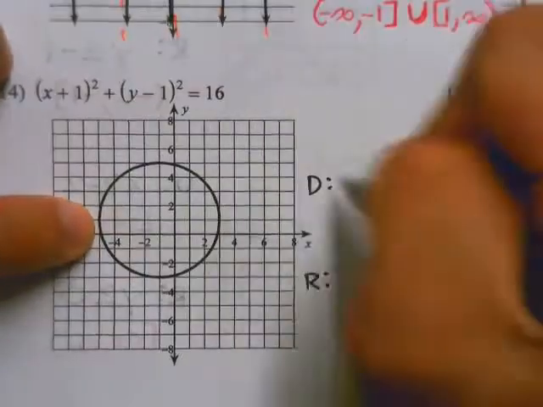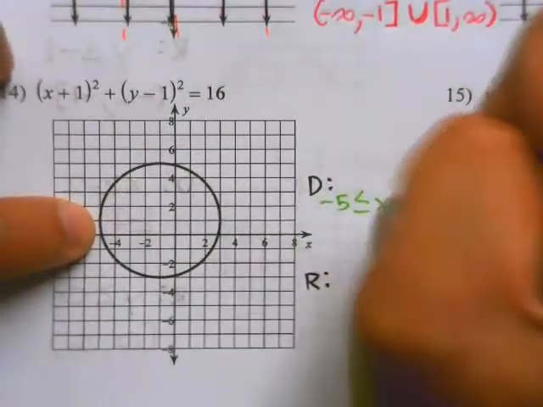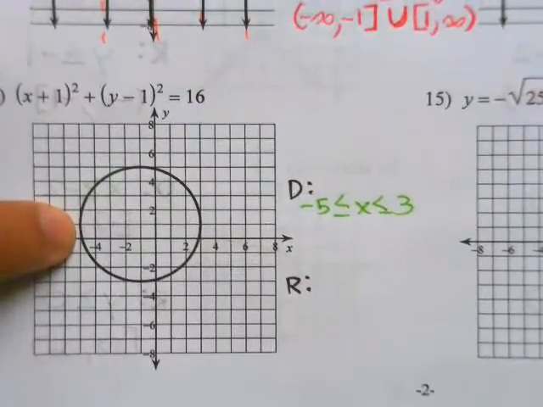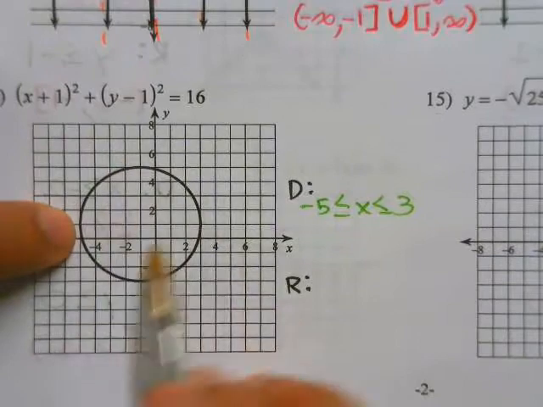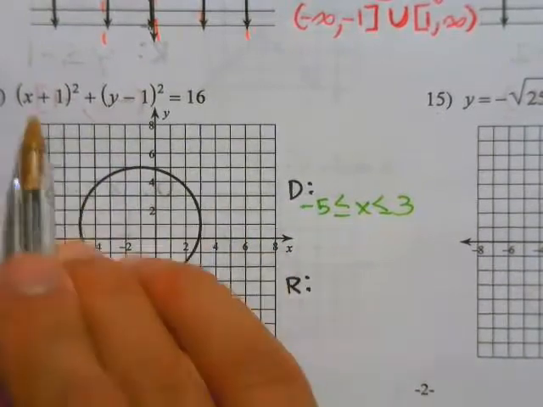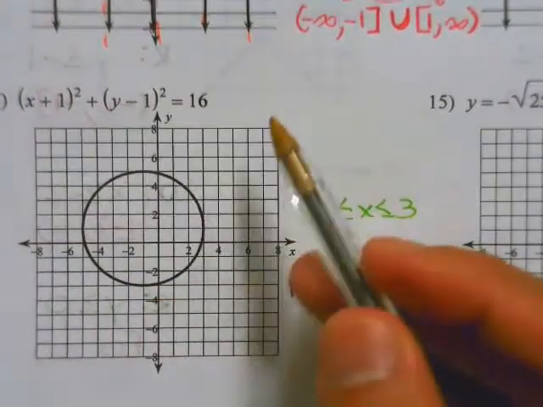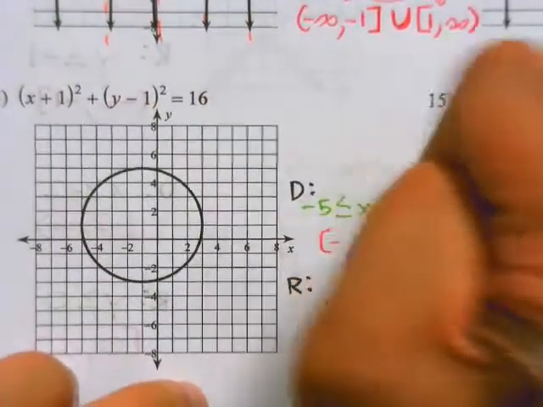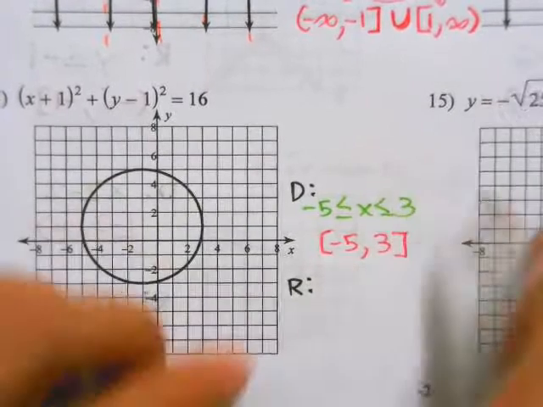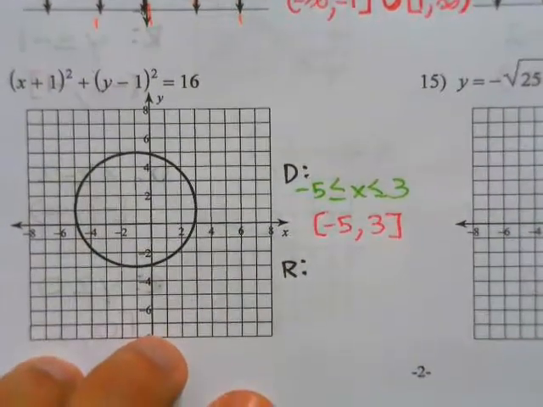Okay. So -5 less than or equal to x less than or equal to 3. So those are your acceptable x values, and then we can plug in. If we plugged in 4, 6, or 8, it's not going to make this equation true. So it's only bounded in these. So -5 comma 3, and then with brackets because they're included.